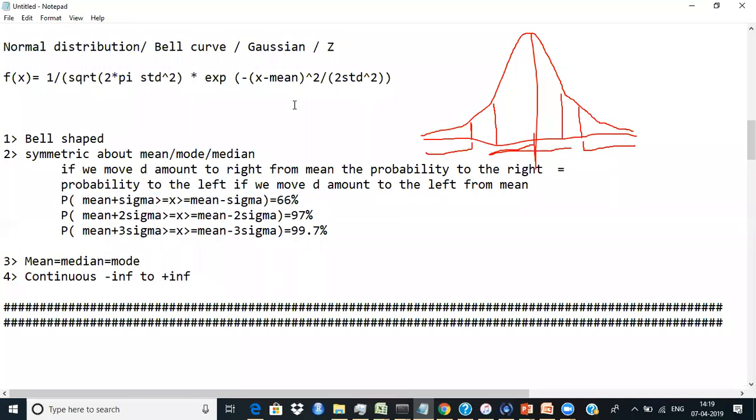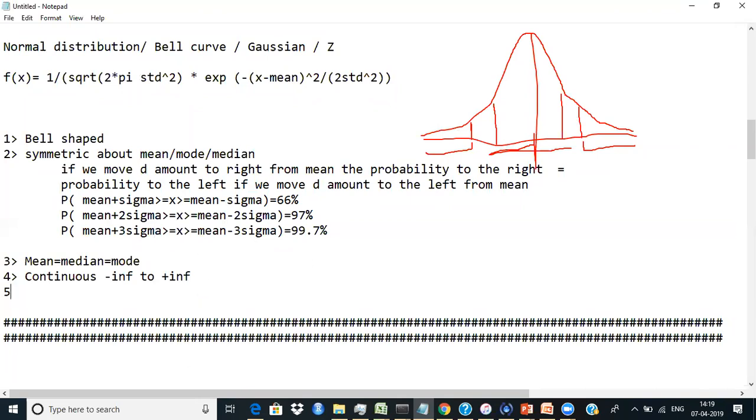Now, any other property? We discussed how you go from a normal with mean and standard deviation to a normal 0,1. Somebody told me that you can use this to go from any distribution to standard normal.